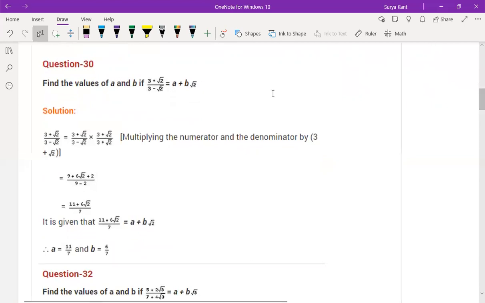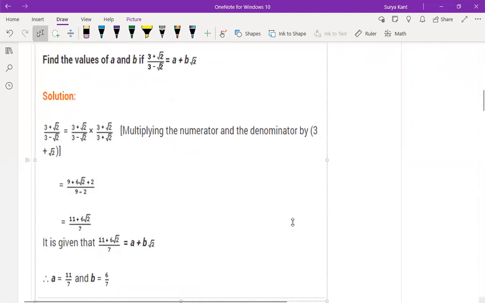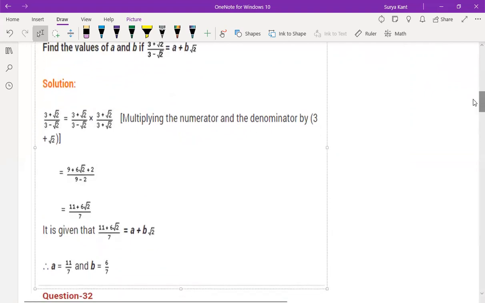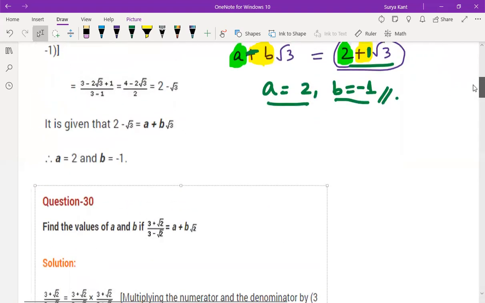So next question you people only do. What is the value of a and b? 30th question. Don't see the solution over here. Just see the question only. What is the answer for this?